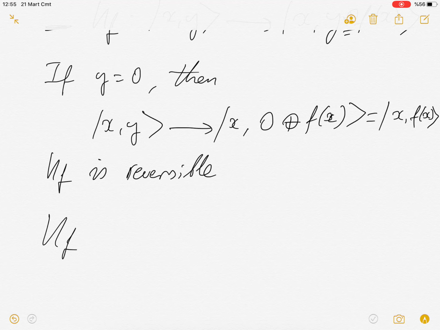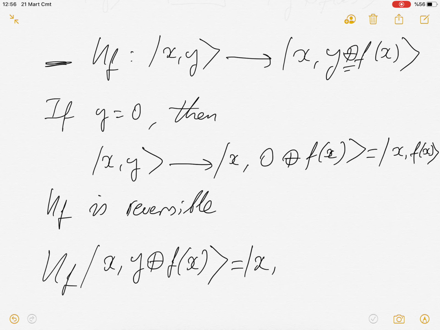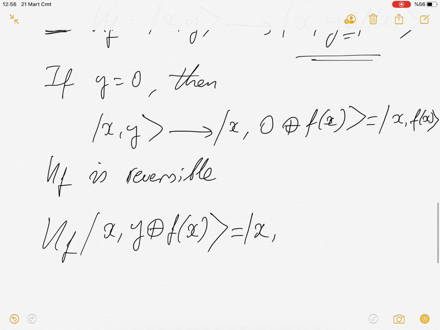If the input to UF is x, y XOR f of x, applying this function, the output will be x, y XOR f of x XOR f of x.